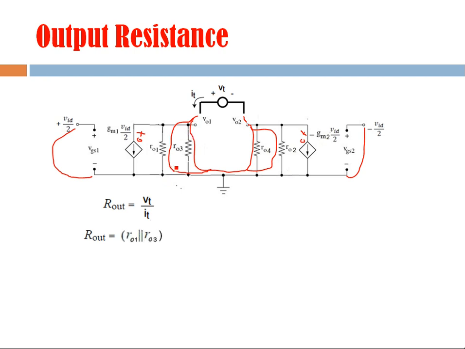This is the equivalent resistance of the left hand side, and this is the equivalent resistance of the right hand side. Because this combination is in series with this combination, we have to add them together, and that way we can find the total resistance, which will be given like this. You see this, because R01 is equal to R02, M1 and M2 being matched devices, and R03 is equal to R04 because M3 and M4 are also matched devices. That's why we are writing it like this.